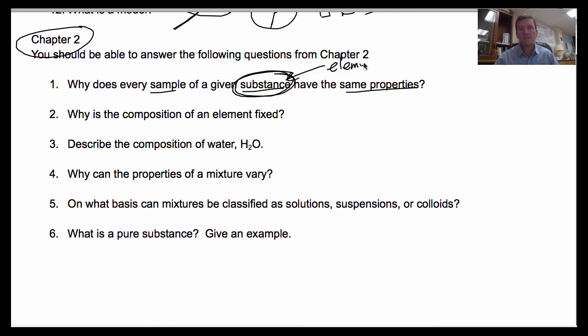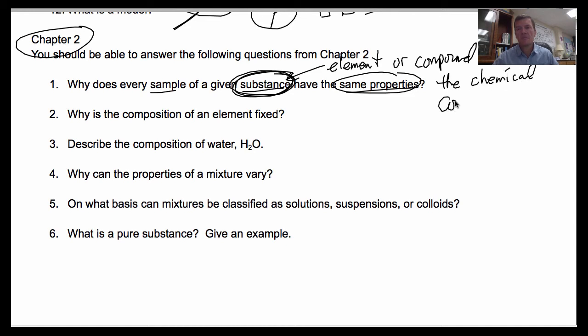Element or compound, and we'll talk about that in just a little bit. So same properties. Why? Because the chemical composition is fixed. It doesn't change. What does that mean? If I look at an element like hydrogen, hydrogen never changes.